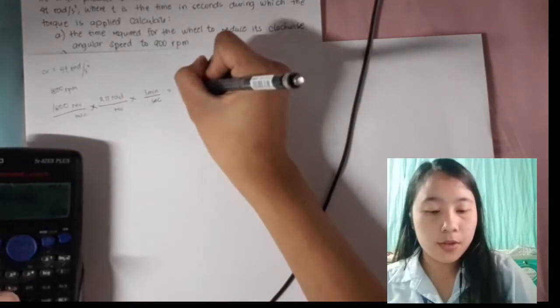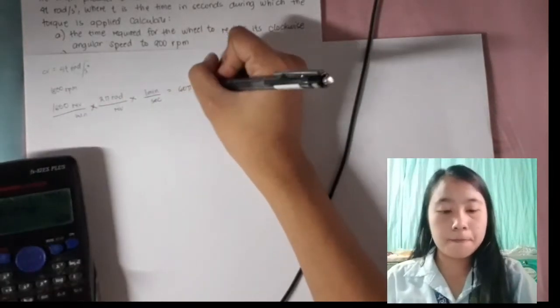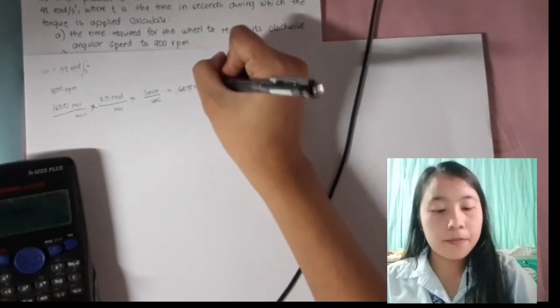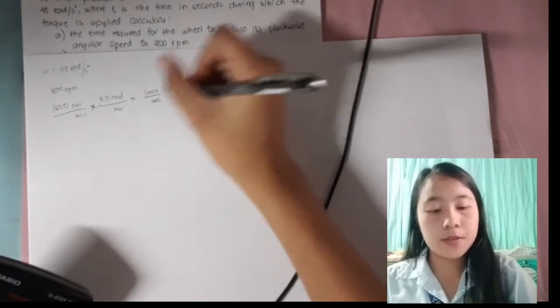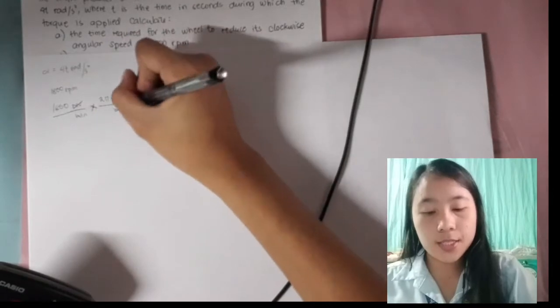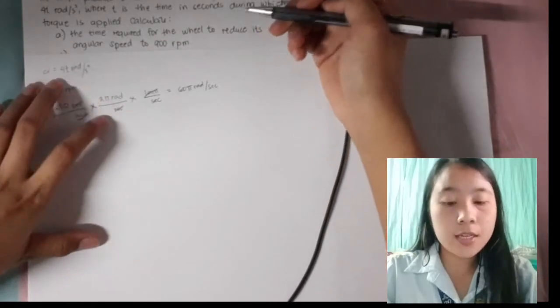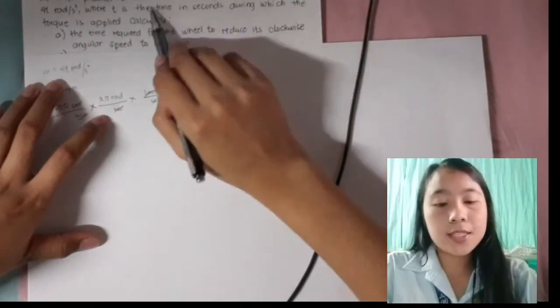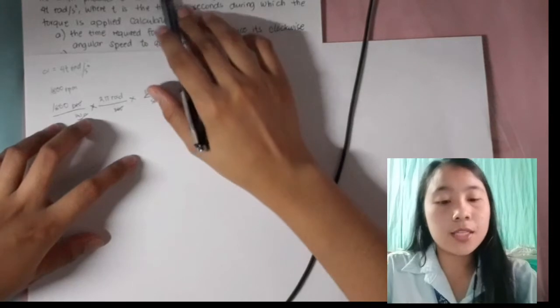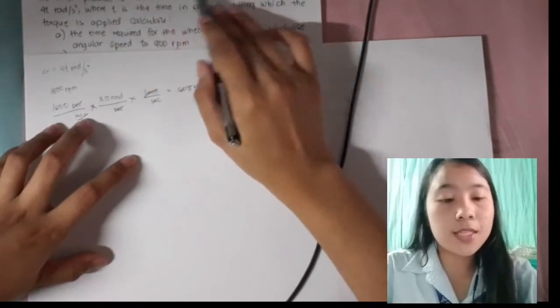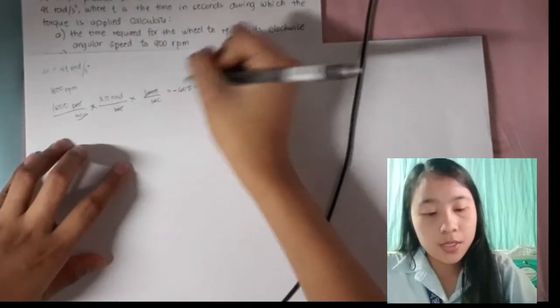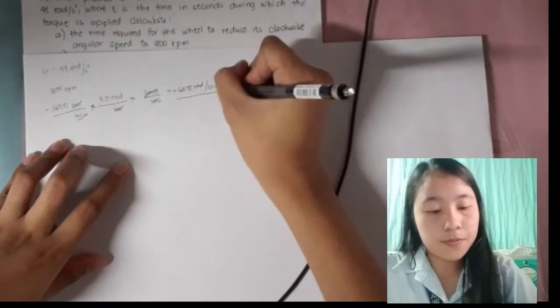We get the value of 60 pi rad per second, because we can cancel the units. We take counterclockwise as positive, and the problem said it was clockwise, so it is negative.